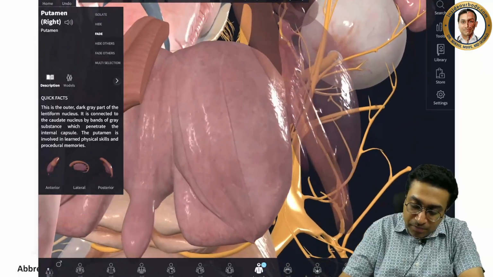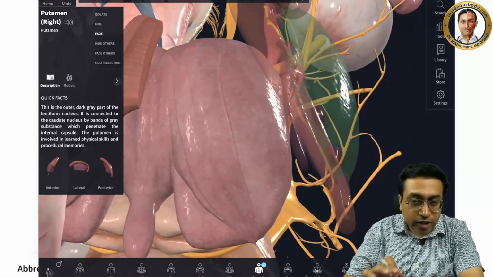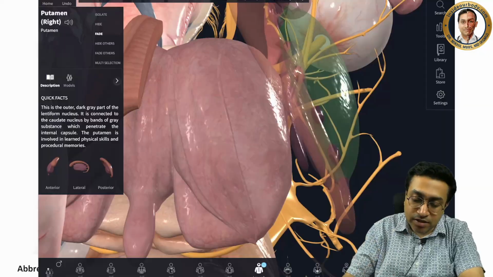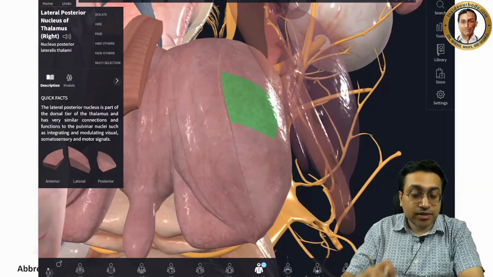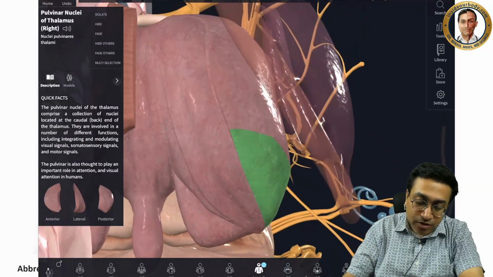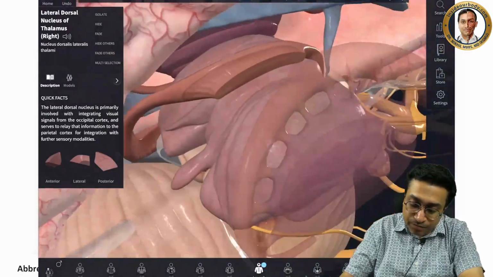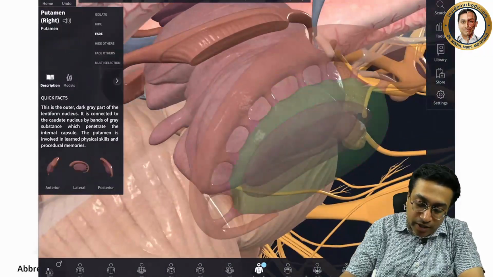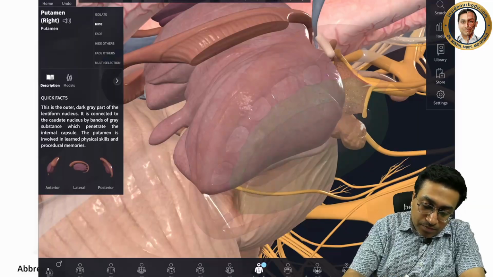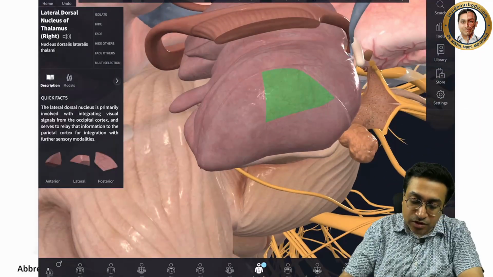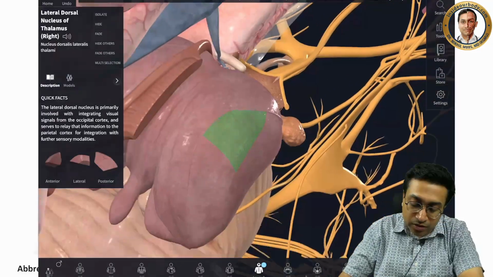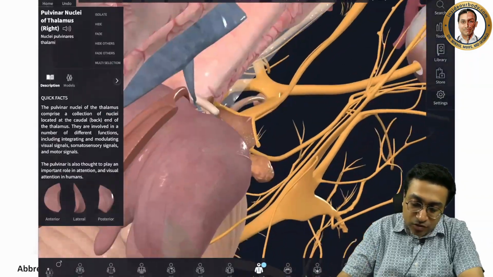Now see, medial to the putamen and caudate nucleus, what is the structure? That is the thalamus. This has further nuclei which are shown here separately. There are different nuclei. This is the structure which is ovoid in shape, which we will discuss separately. So this is the thalamus.